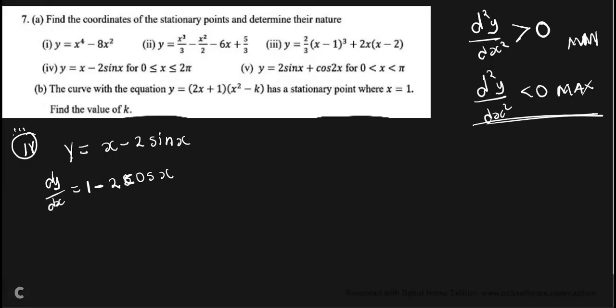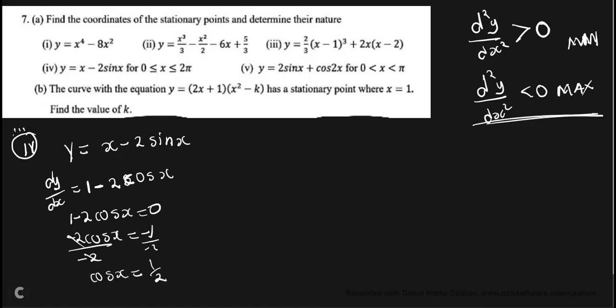You equate that to 0, then negative 2 cos x equals negative 1, such that cos x equals 1 over 2.